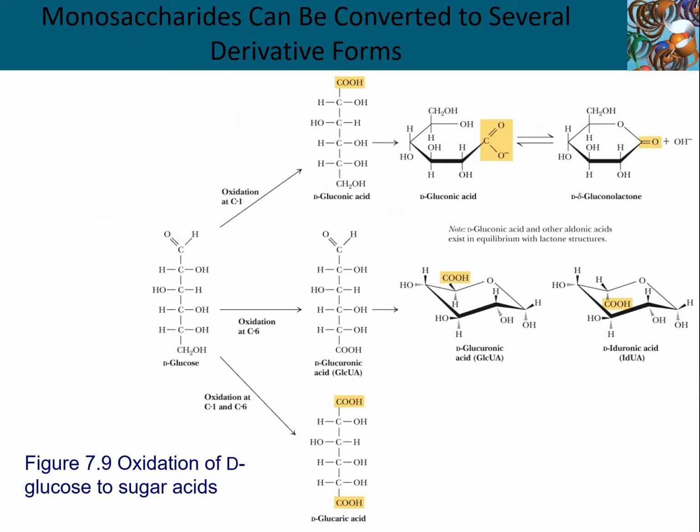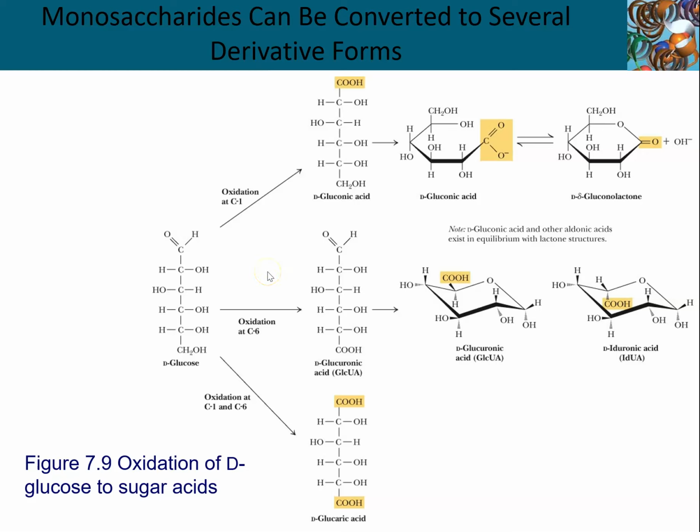So let's see here, oxidation of D-glucose to sugar acids. You can oxidize D-glucose at a bunch of different positions. You can oxidize it at the 1 carbon, forming a carboxylic acid at the position which used to be an aldehyde, and this would be gluconic acid.